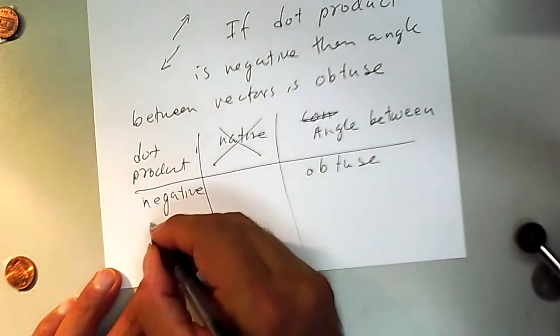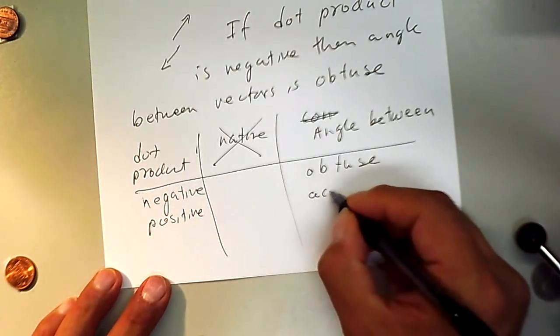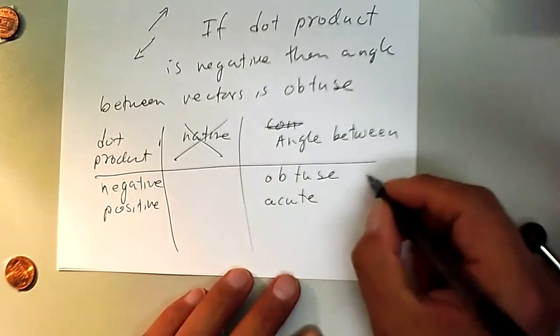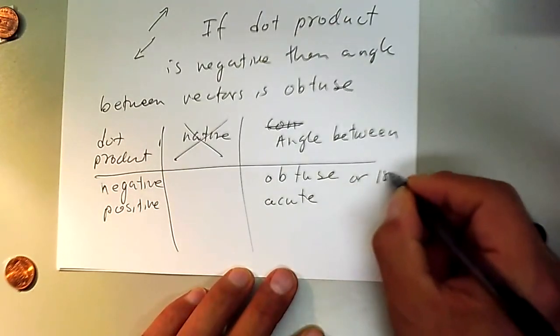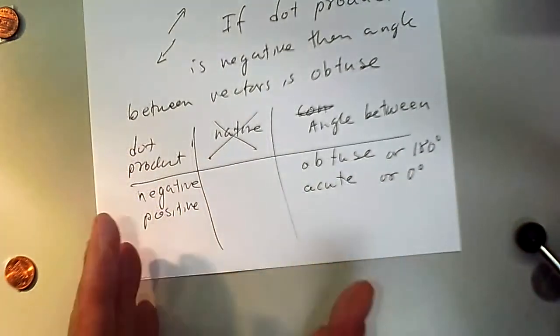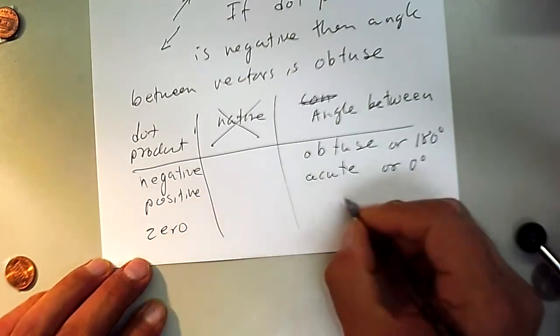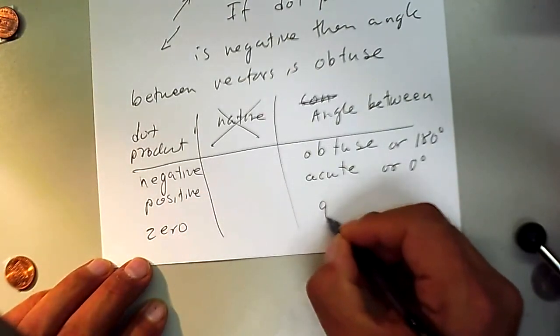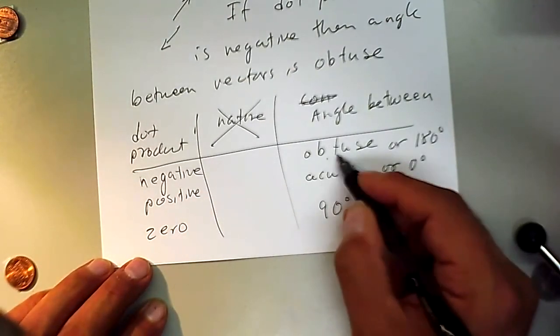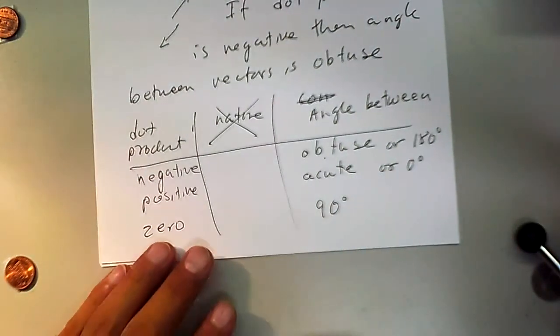Obtuse. If positive, then acute. Well, obtuse or 180 degrees, acute or 0 degrees. And as far as the directions go, if you get 0, then you get exactly 90 degrees. Not obtuse, not acute, 90 degrees. So that is a consequence of the dot product.